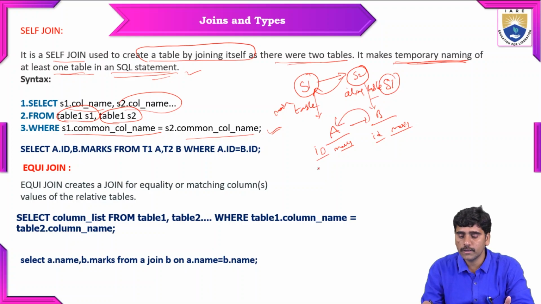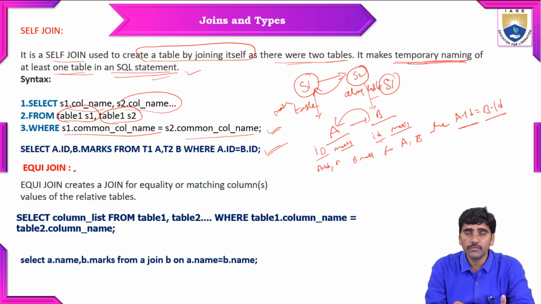So: select A.ID, B.marks from table 1, that is A, comma, table 2, that is B, where A.ID equals B.ID. On this condition we join the table with itself and it displays the resultant values.